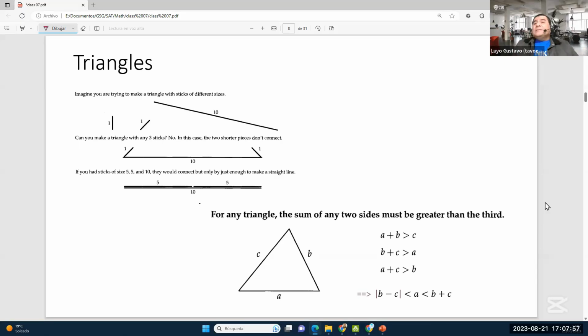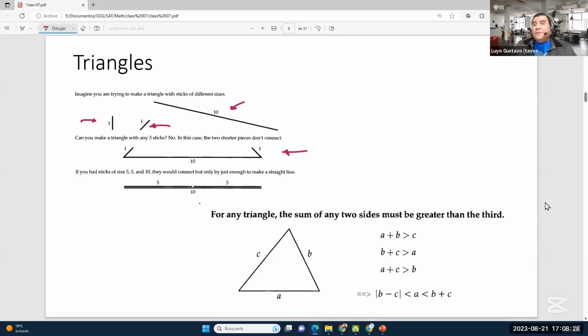For example, say that you pick one segment of 1 unit length, another segment of just 1 unit of length, and another segment 10 units long. Can you actually make a closed figure using these three segments? Impossible. It would look something like this. So these three segments don't form a triangle.